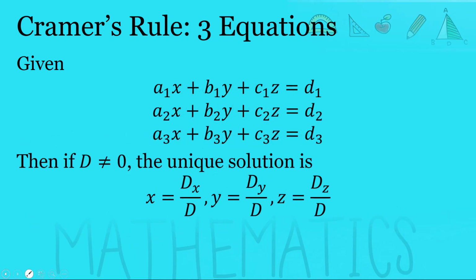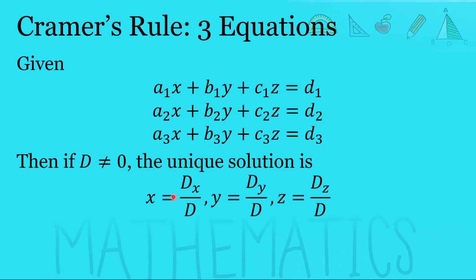What about three equations? Well, here you go. Here are our three equations, and if D is non-zero, then there is a unique solution, and the solution is going to be described like this. Basically the same format.